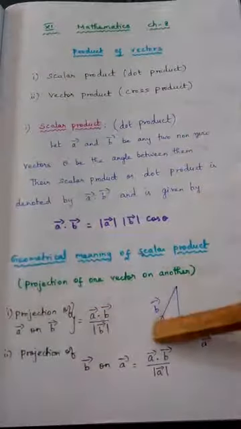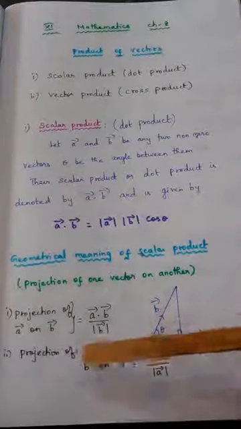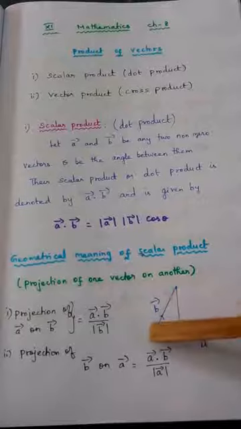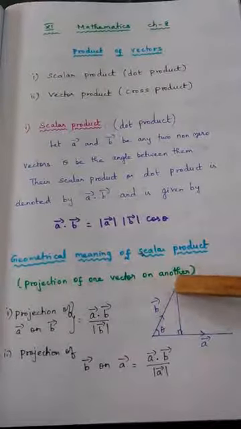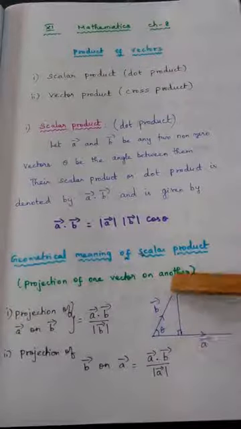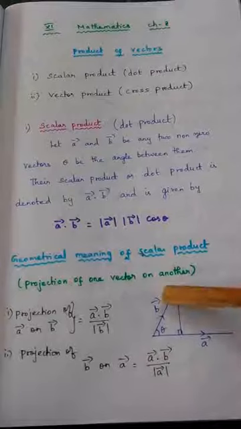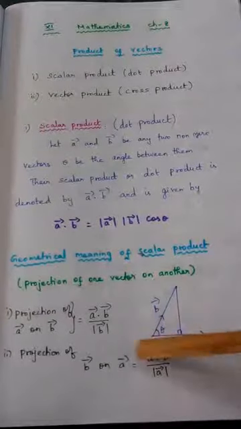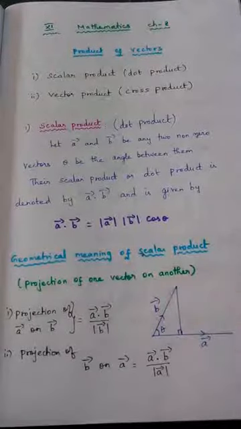So we are projecting B vector on this A vector, that is called B vector dot A vector. If you move this line and make it fall on this horizontal line, that is called projection of B vector on this line. Since this line is called A vector, this is called projection of B vector on A vector.